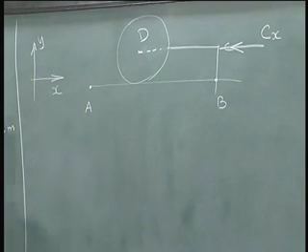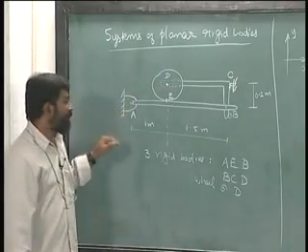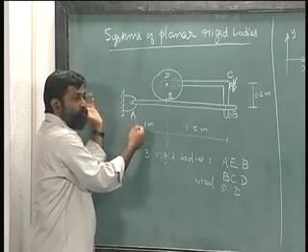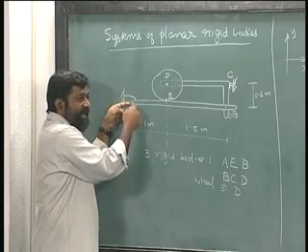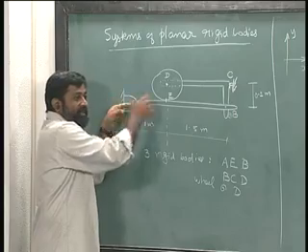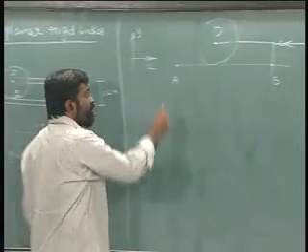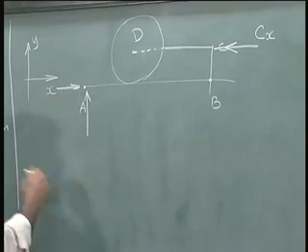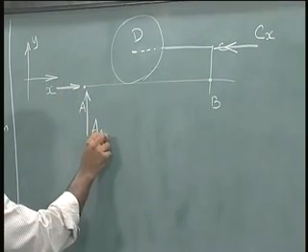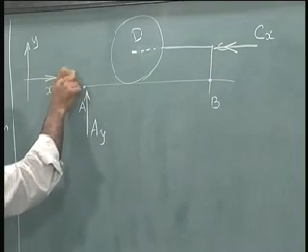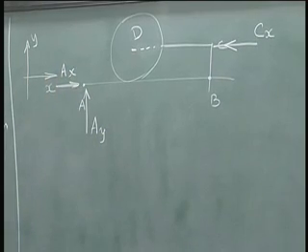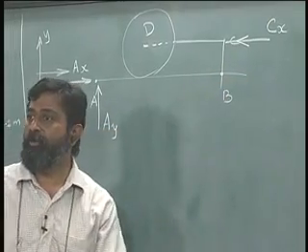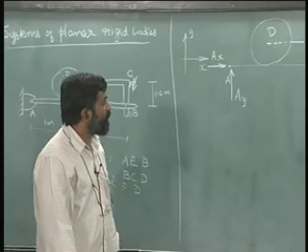At A it is pinned here, which means the fixed frame of reference does not let it move at A, both in the vertical and the horizontal direction, which means there will be 2 forces needed from the fixed frame of reference in order to restrain this motion. So let us call these AY and AX. So we have 3 unknowns, AX, AY and CX, which have to be found out from equilibrium equations.